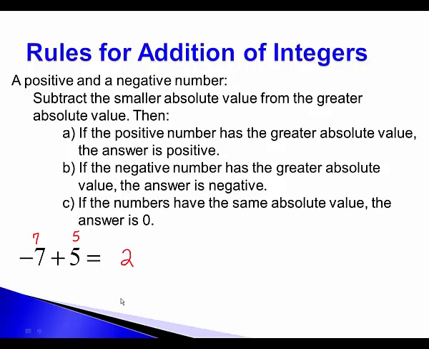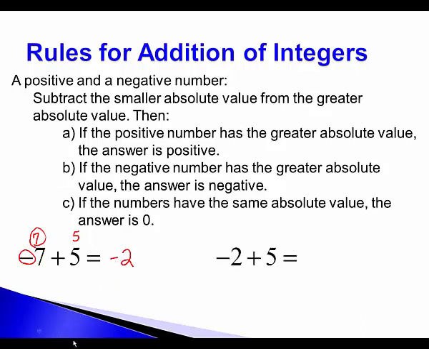To determine the sign, I look at the ABC rules, and it says if the positive number has the greater absolute value, then the answer is positive. Well, in this case, the one with the greater absolute value is the negative number. So we're looking at rule B, and it says if the negative number has the greater absolute value, the answer is negative. So that's the case we have right here.